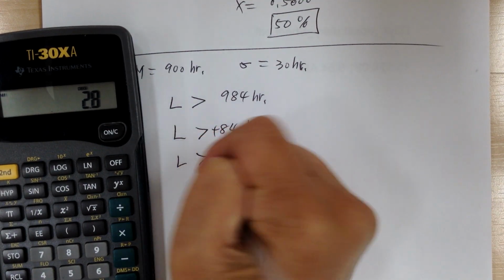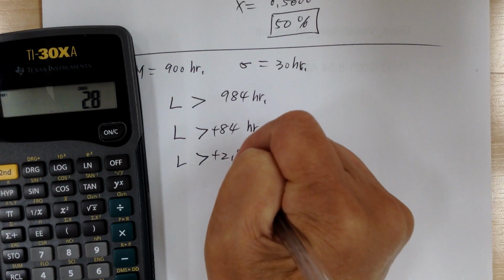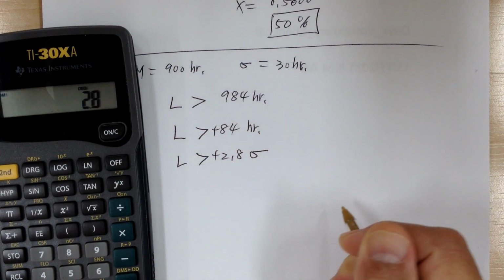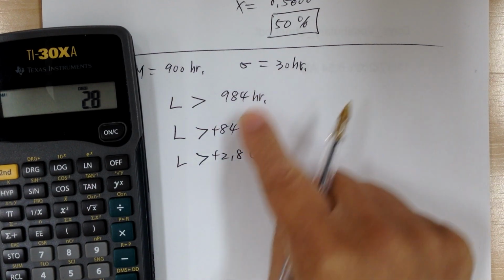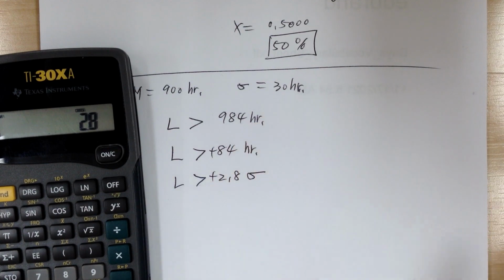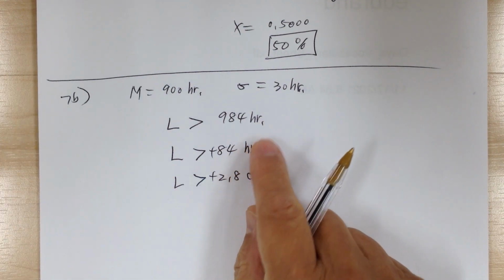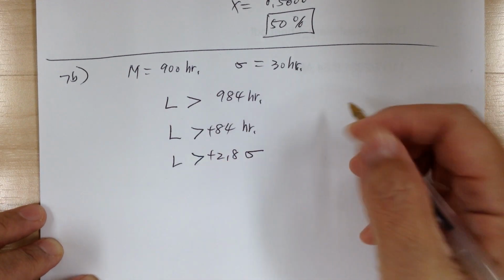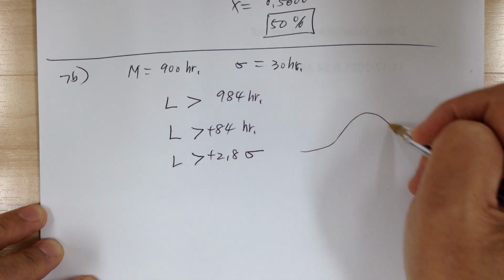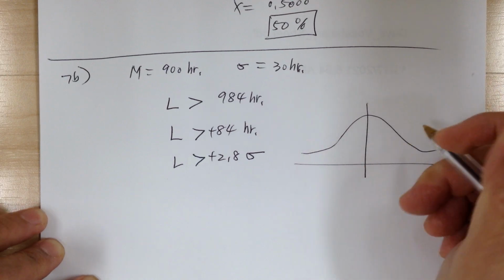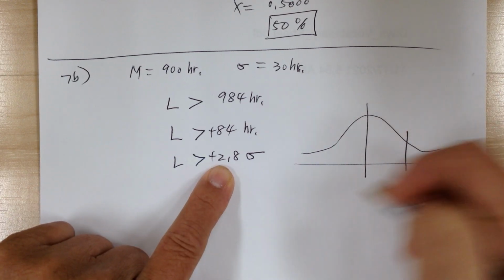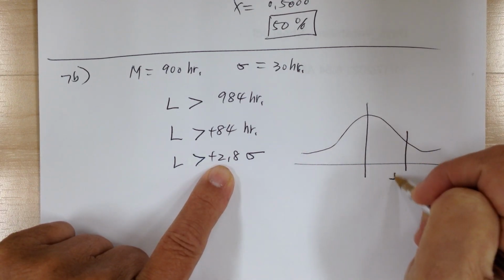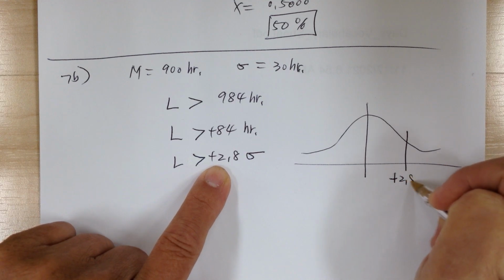So this will be greater than plus 2.8 standard deviations, because 30 hours is one standard deviation, so you just divide. Again, first you find the differential, and then you convert into standard deviation. You can just pick a random point over here. You want to draw pictures so you can visualize.